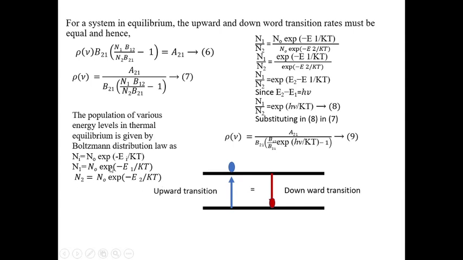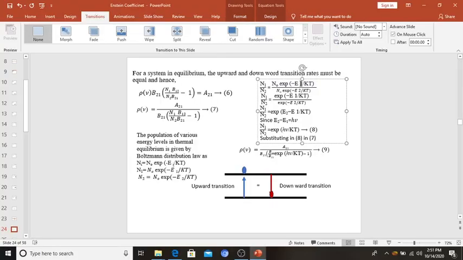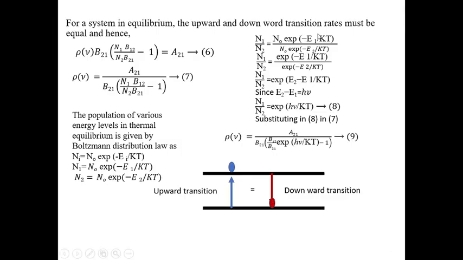But here N1 by N2 is there, so if you do this divided by this, N1 by N2 is equal to N0 exp(−E1/kT) divided by N0 exp(−E2/kT). This is N1 by N2. N0 gets cancelled.